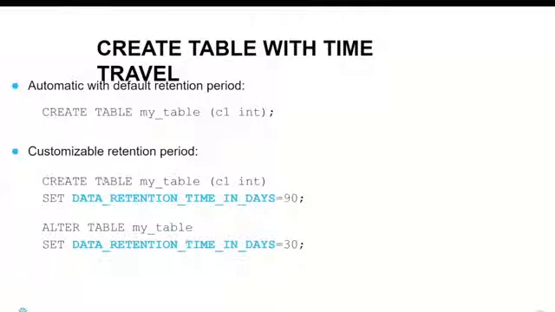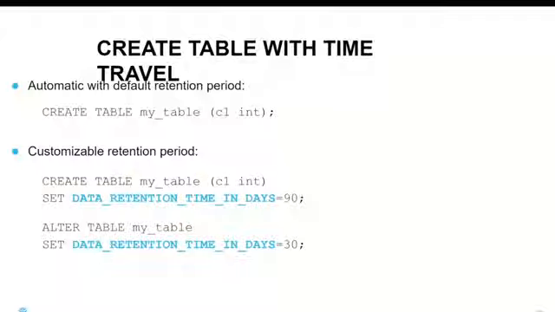If you run this particular command, this table will be created with a data retention of 90 days. If you want 30 days, then you just change the parameter from 90 to 30, and the table will be created with 30 days retention. So this is how you can create a table with time travel. If your table is created with 30 days retention, you can go back up to the 30th day and retrieve the data, right?